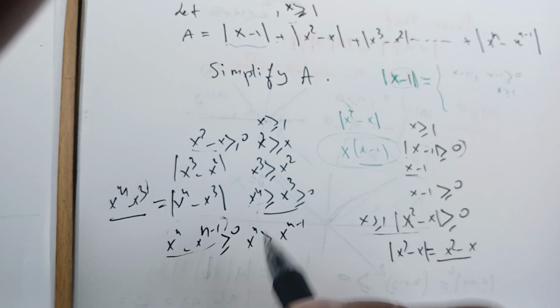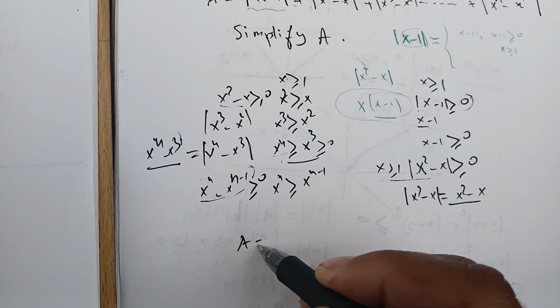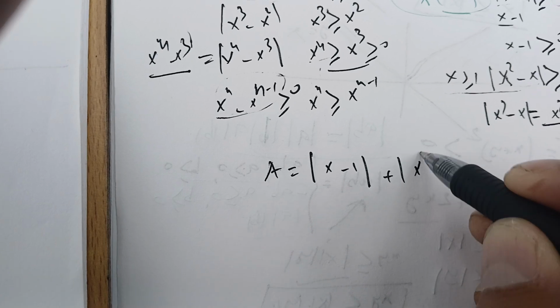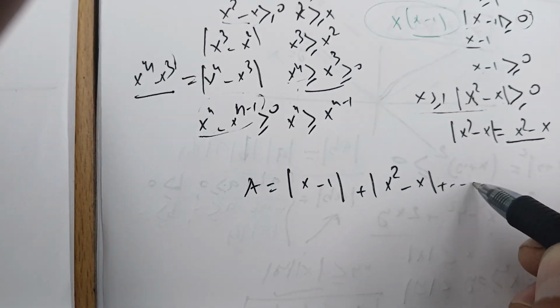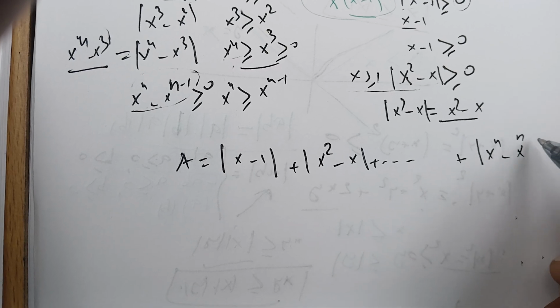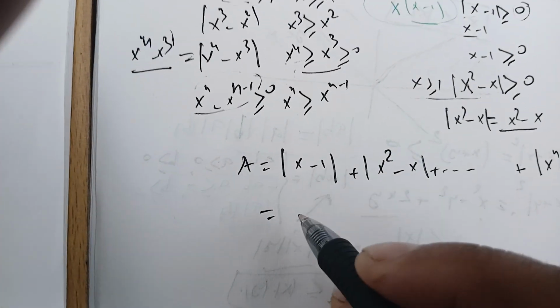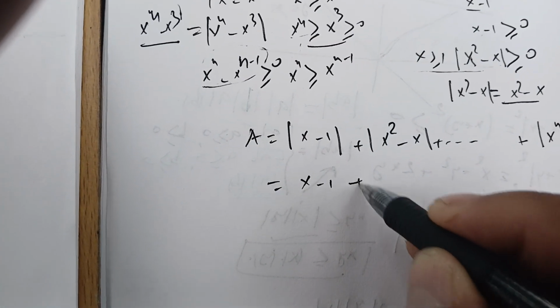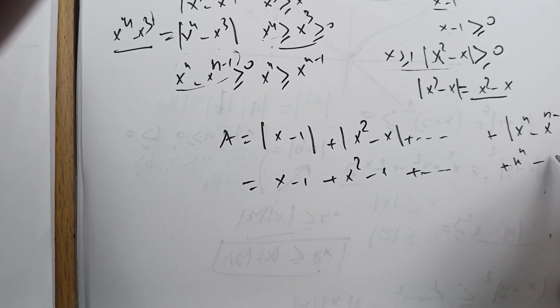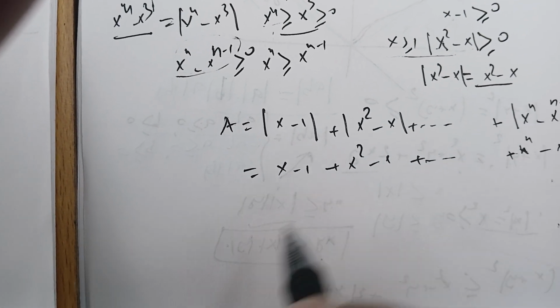Therefore, the absolute value of x minus 1, plus the absolute value of x squared minus x, etc., until the last one, the absolute value of x to the power n minus x to the power n minus 1, becomes x minus 1 plus x squared minus x, plus, up to, x to the power n minus x to the power n minus 1.